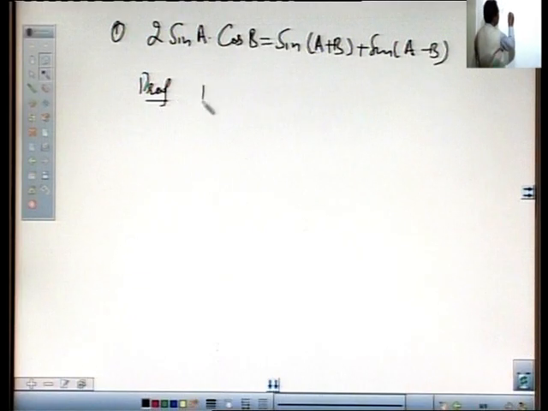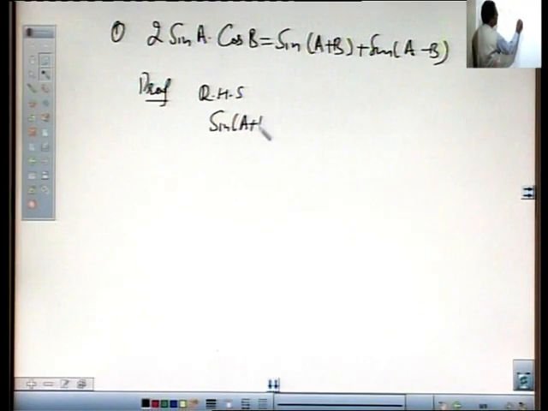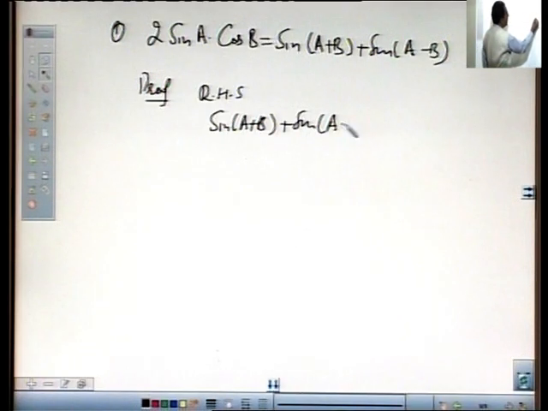Proof: first we take the right hand side, sin(A plus B) plus sin(A minus B).